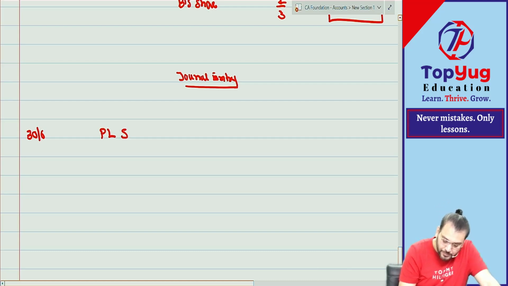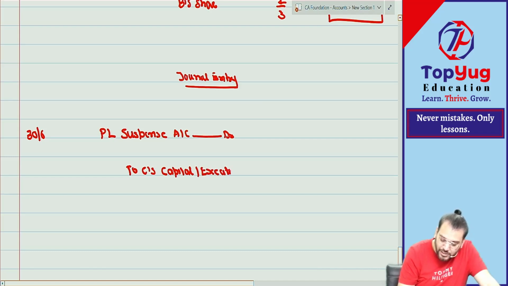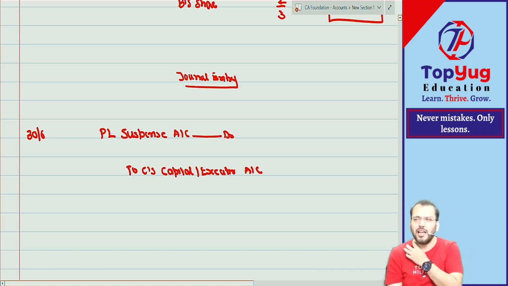PL suspense account debit to what? Capital, and which will be ultimately transferred to C's executor account. Means you can also do directly C's executor account also.